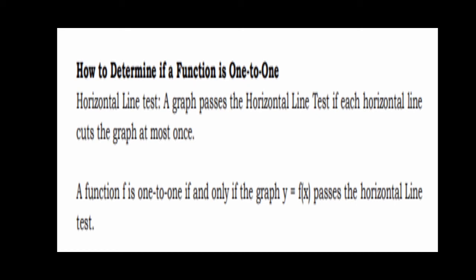If the horizontal line touches the graph twice, the given function is not one-to-one. We can say therefore that a function f is one-to-one if and only if the graph y equals f of x passes the horizontal line test.